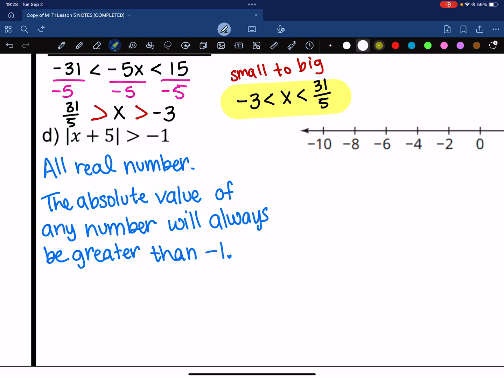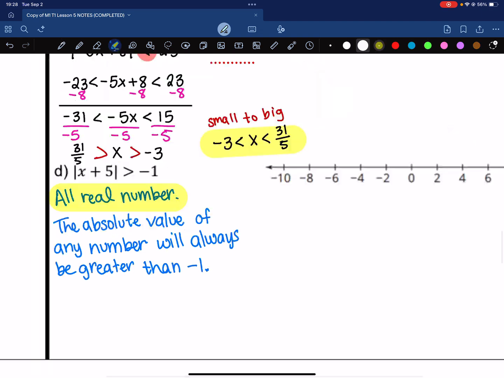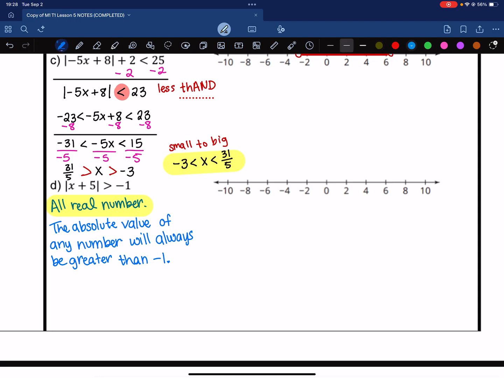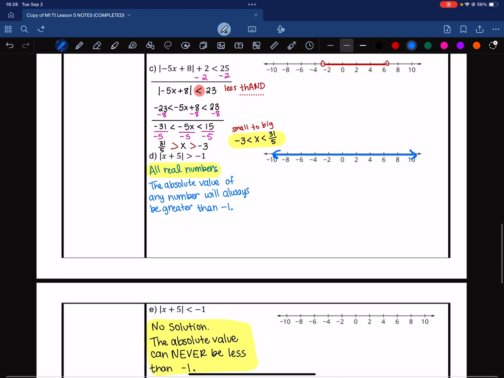Again, the solution is all real numbers. So how would we graph all real numbers on our number line? All that's going to be is you're going to shade the whole number line with arrows because it's going to keep going in both directions forever and ever. All real numbers. I guess I should add an S to that. All real numbers. Okay? The last one.